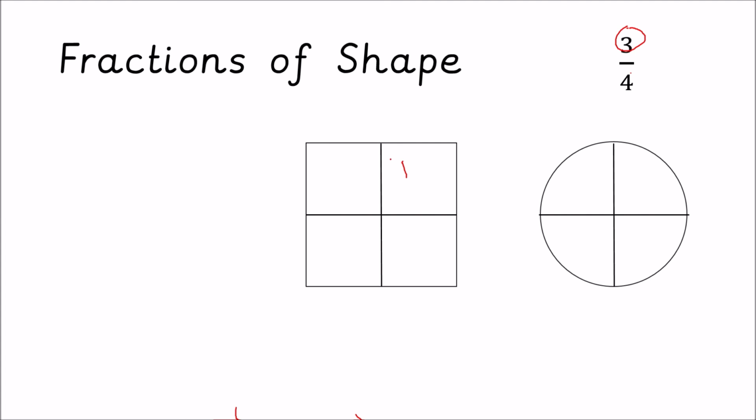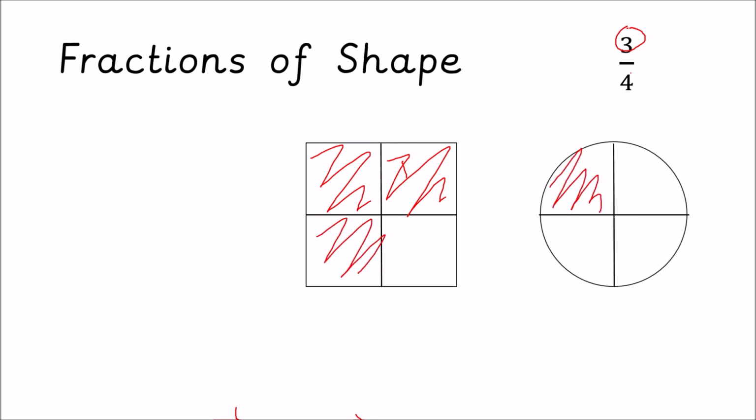So here I've got 4 equal pieces of the square, and I'm going to shade 1, 2, 3 of them, 3/4, and the same for this circle, 1, 2, 3/4. Perfect. And you don't have to shade in this sort of L shape. You could shade any 3 of them. It wouldn't matter, provided you shaded 3.